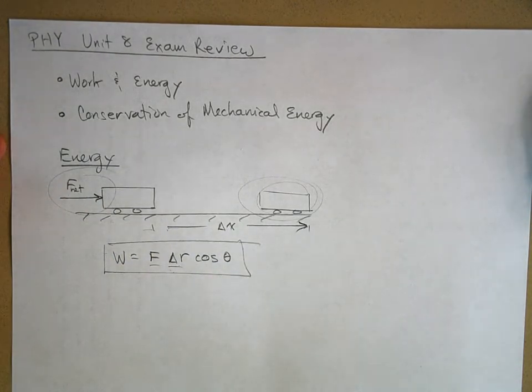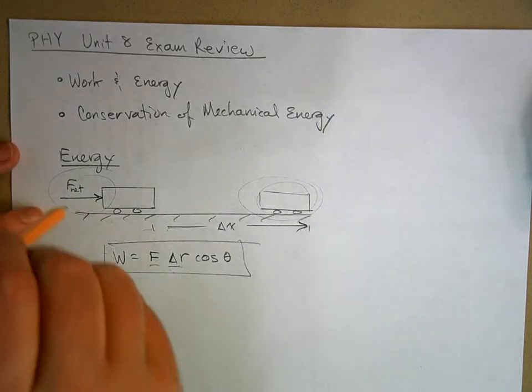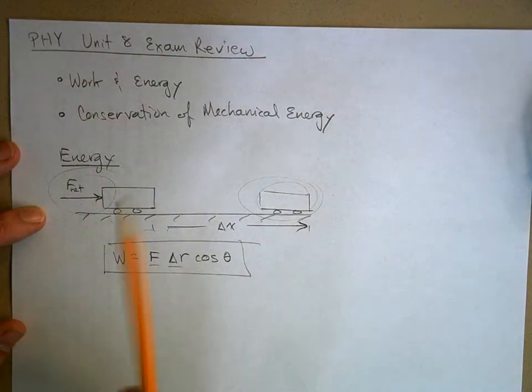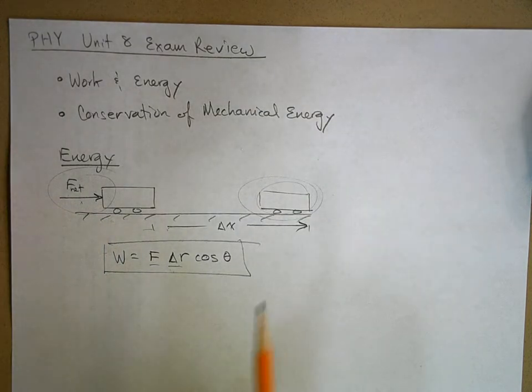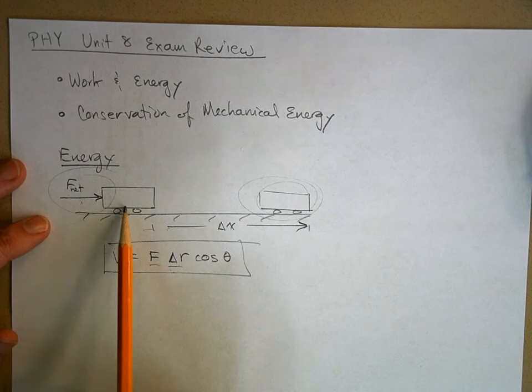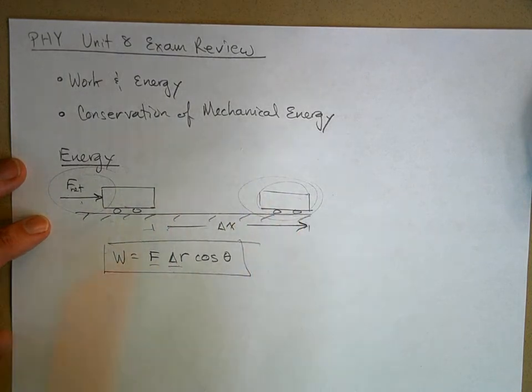And what we're doing when we're doing work is we're transferring energy from one system into another system. Somebody's pushing on this cart. They've got energy in them. They're taking some of their energy and transferring it to this cart, and that's manifesting itself as kinetic energy.